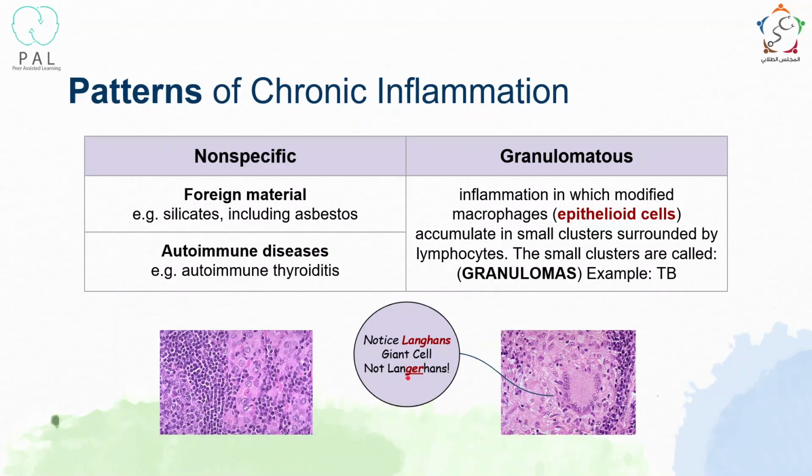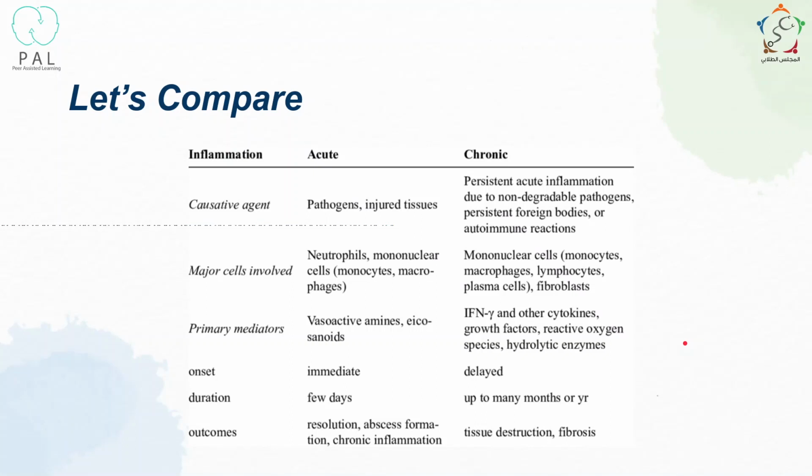I just want you to distinguish the spelling between these two. So Langerhans giant cells are multinucleated giant cells present in granulomas. How do they form? From the joining of multiple macrophages or epithelioid cells. And you have an entire lecture on granulomas, so this is just to give you a brief introduction to it.